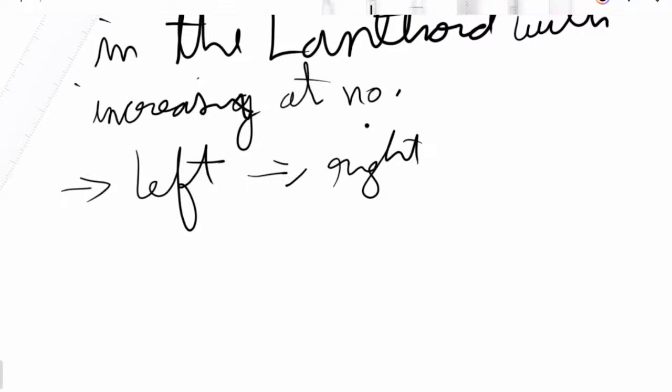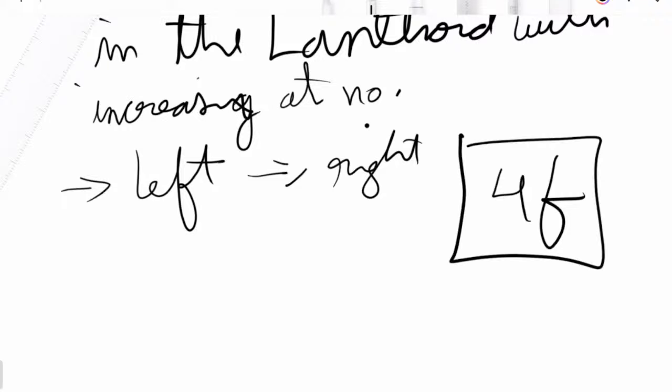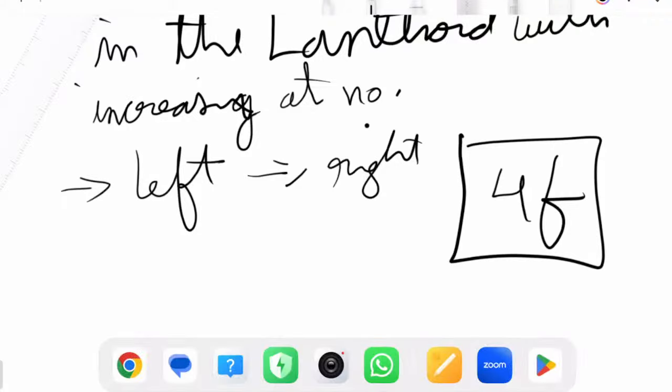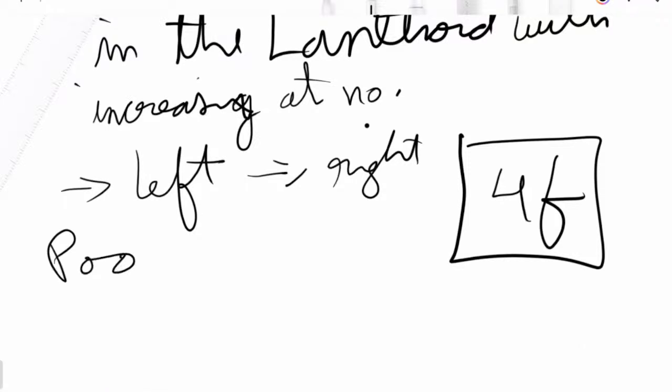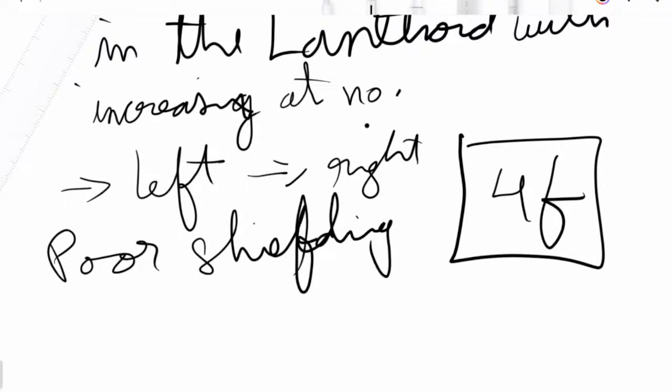So why does this happen? We are talking about 4f, right? The lanthanides belong to 4f, isn't it? So why does it happen? It happens because of poor shielding of 4f electrons.